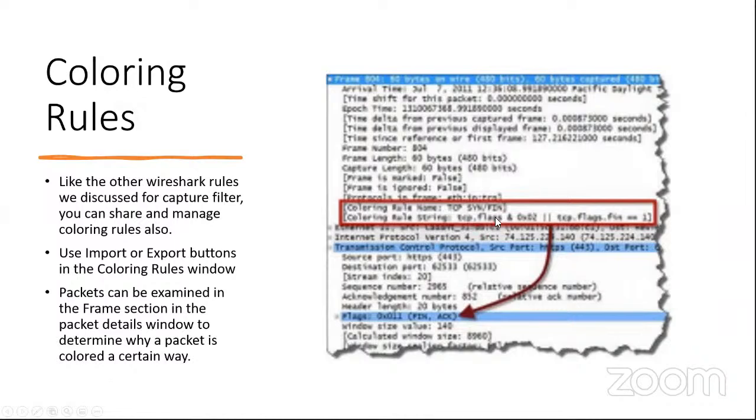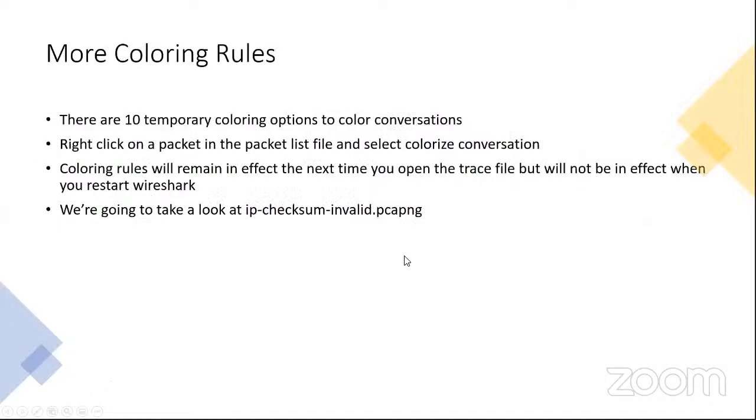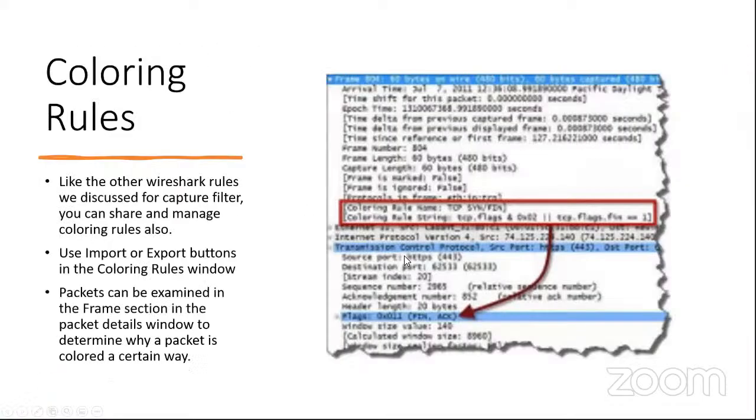That's a coloring rule for TCP flags and a particular byte, right? So it'll tell you specifically why it colored that. In this case, it says this is FIN and ACK, which is why the coloring rule was applied. So if you take a look at the specific frame, it'll tell you why a certain coloring rule was used and what criteria it met for that.